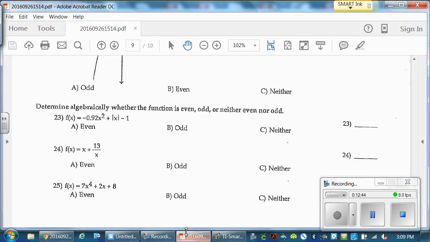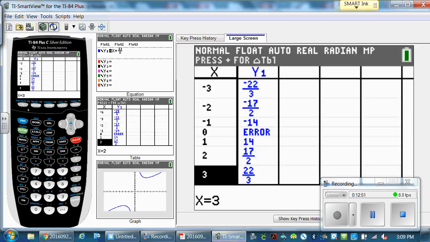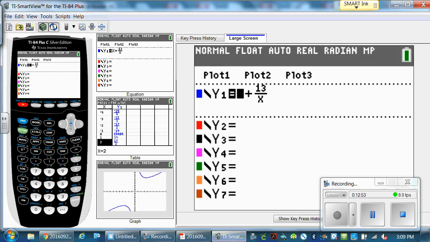And then finally, number 25, 7x to the 4th plus 2x plus 8. We take a look at that one. 7x to the 4th plus 2x, whoops, not up there, delete, plus 2x plus 8.